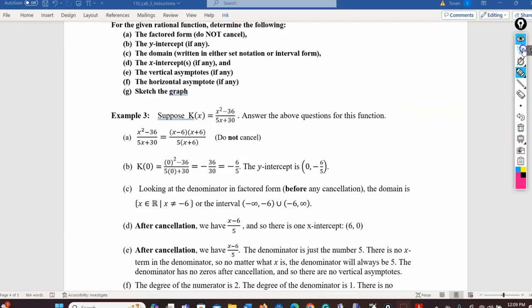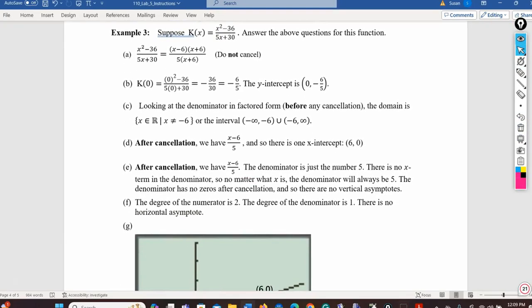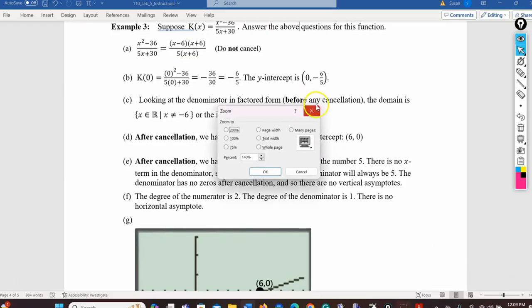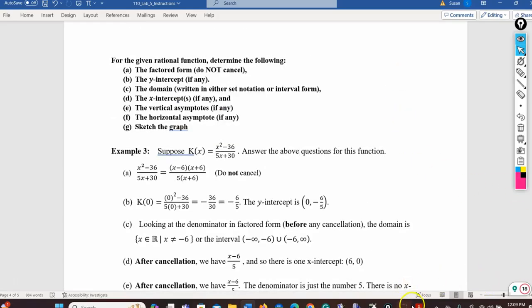So this is a situation where we don't have any vertical or horizontal asymptotes. And when we graph this, I'll graph the original one.